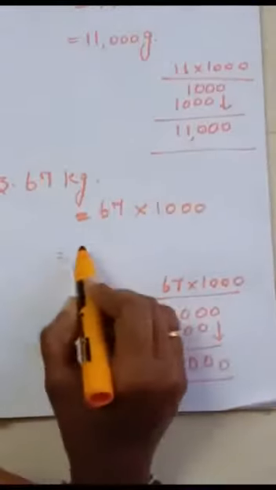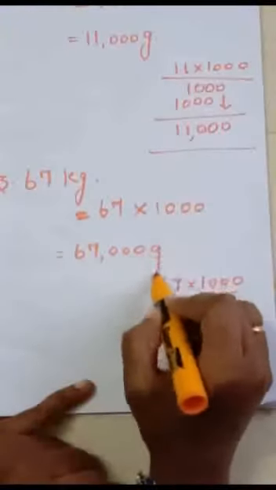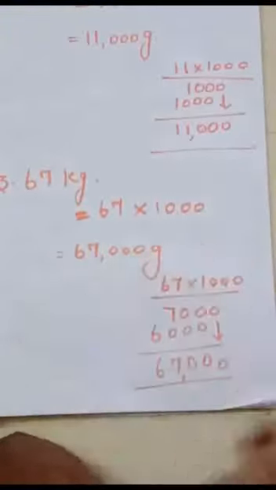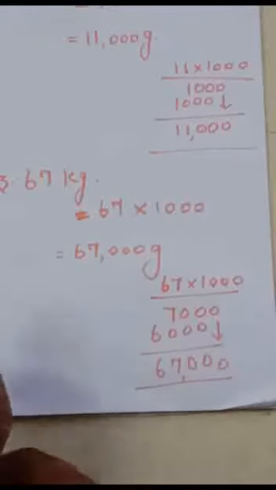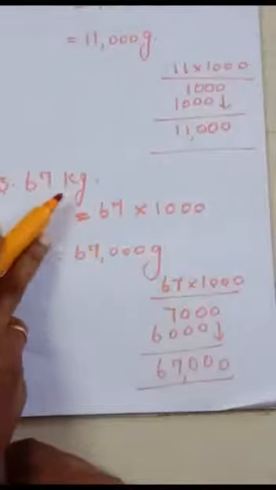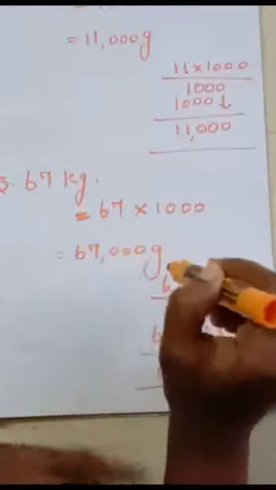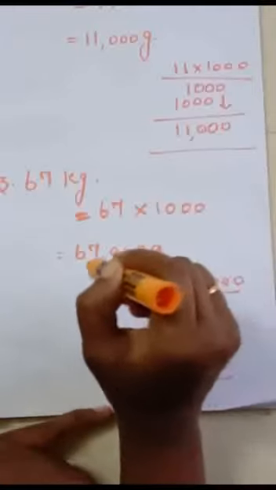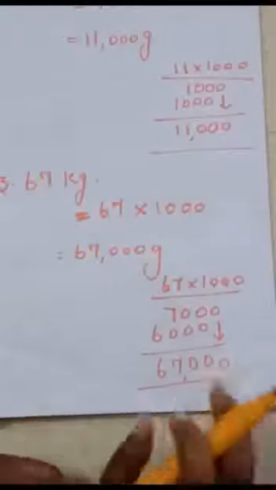So what is the answer? 67,000 gram. This is the step. Is it clear? In 67 kg, how many grams are there? If you convert this into gram, there are 67,000 grams. Clear? Yes. I hope you understand this sum.